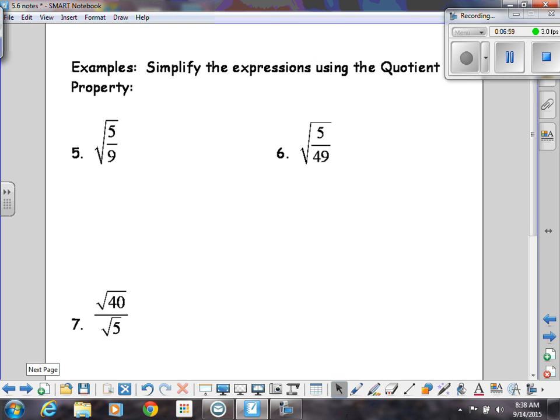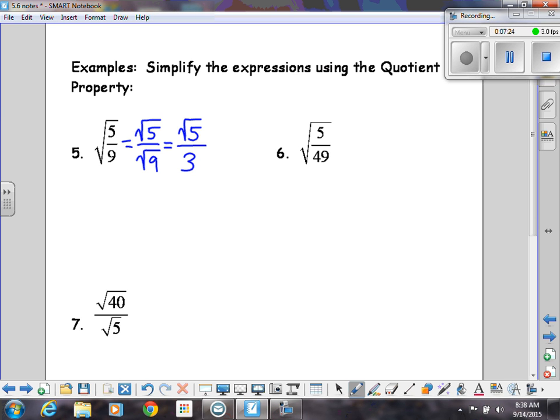So in this first one, I can't do 5 divided by 9. That's a fraction. That'll be just a decimal, so that doesn't help me. So I'm going to pull these apart. And so now I know that the square root of 9 is simply 3, and the square root of 5 stays the square root of 5. So what I've done here is, because I pulled them apart, I was able to get rid of the square root in the denominator.